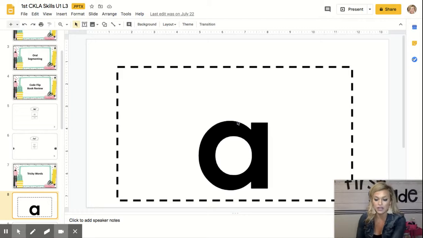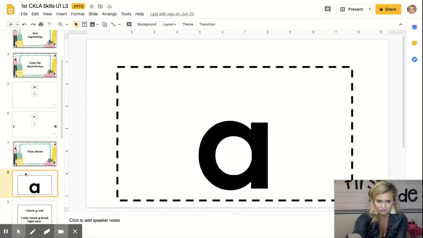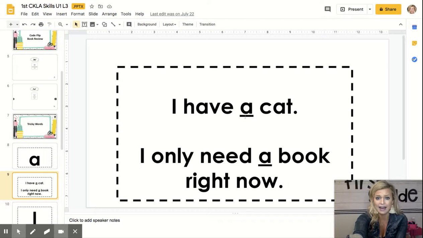Our first one is tricky word A. Say tricky word A. Awesome. Tricky word A is tricky because usually when I see a letter A like this, I'm going to pronounce it as a or a, like I have a cat. So you can see here, tricky word A, like I have a cat, or I only need a book right now.